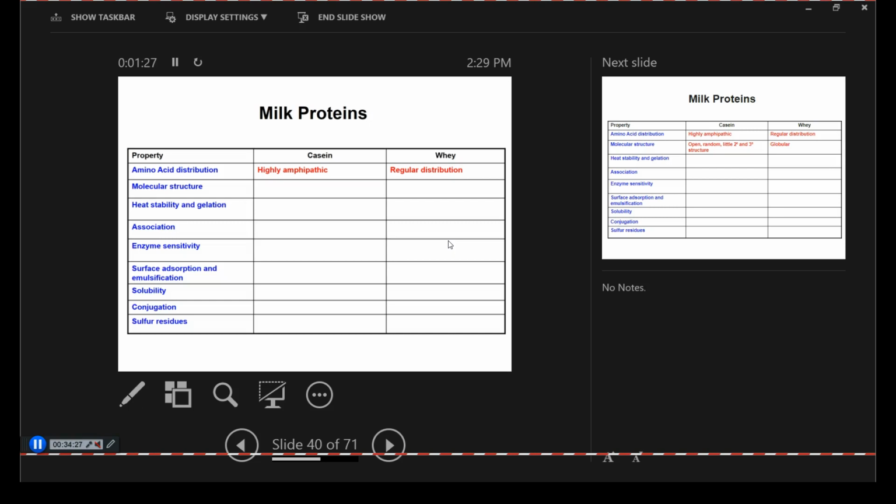Whereas in whey you don't have distinct portions like that, but most of your polar amino acids are on the surface and the hydrophobic residues are within the protein, giving you a regular distribution of hydrophobic and hydrophilic residues.